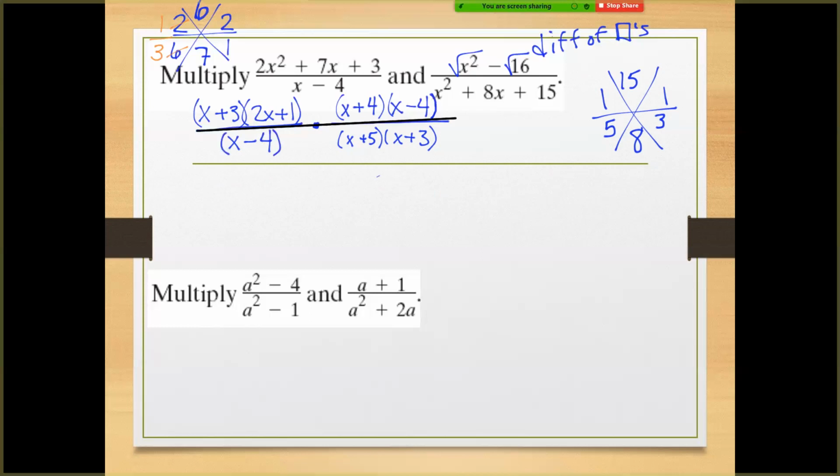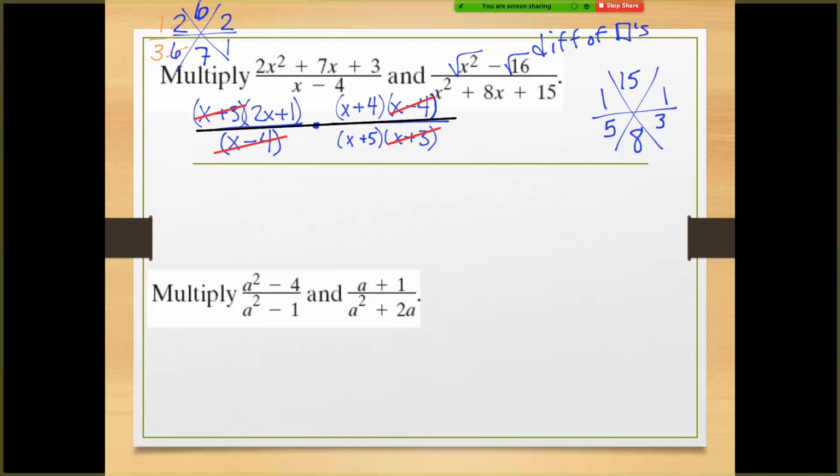Now I can go through and cancel anything that's exactly the same on the top of the fraction as it is on the bottom. So you tell me, what can we cancel? x plus 3 up here cancels with x plus 3 down here. x minus 4 down here cancels with x minus 4 up here. Can I cancel anything else?